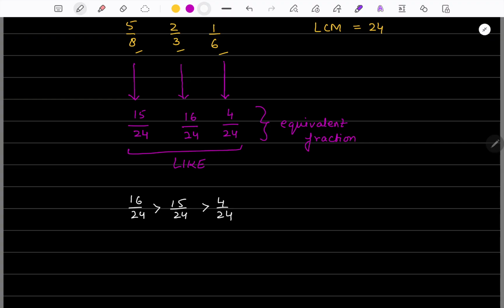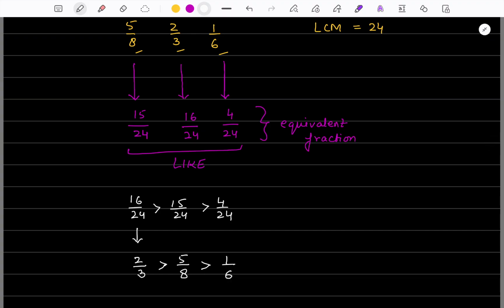Now writing the corresponding fractions that we started with, 16 by 24 is 2 by 3. So 2 by 3 is greater in value than 5 by 8, which in turn is greater in value than 1 by 6. So this is how we convert unlike fractions into like fractions.